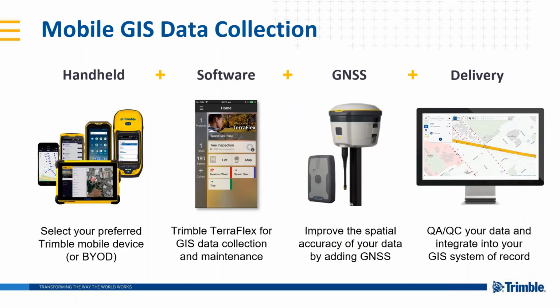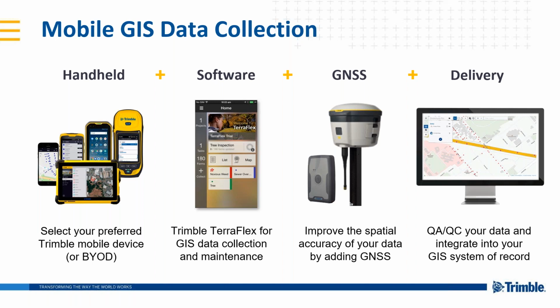If we look more at the core of the GIS business and mobile GIS data collection technologies, every solution in my mind really comprises 4 different components. The first one is the mobile device or the handheld that's being taken in the field. The second is the software that runs on that device, of course.